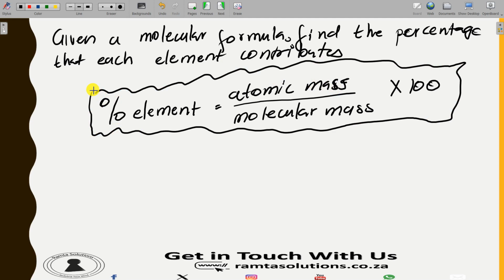This is how you are going to calculate your percentage composition.